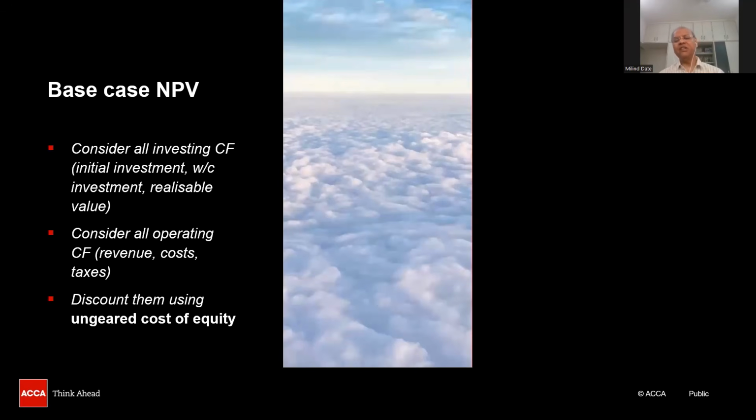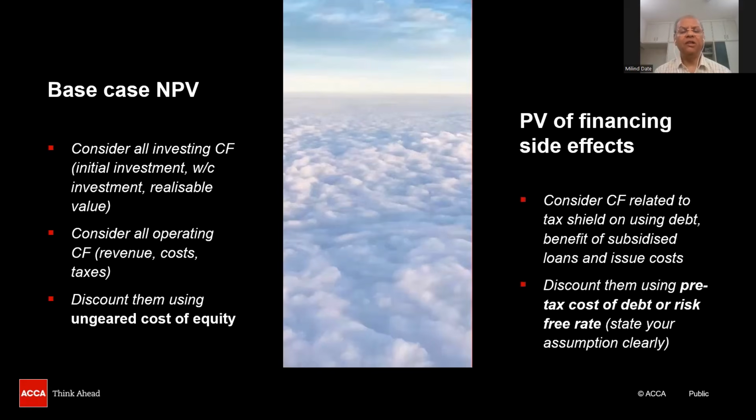And then when considering the present value of financing side effects, what you will need to do is to consider cash flows that are related to, for example, the tax shield on using debt, benefit of subsidized loans, and the issue costs.